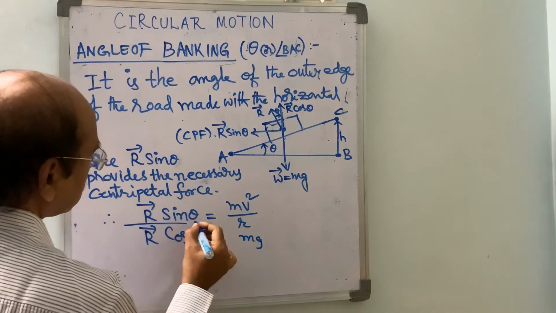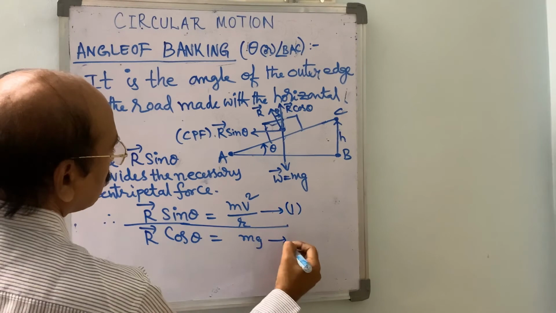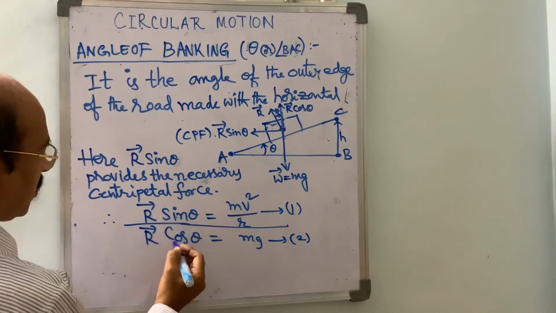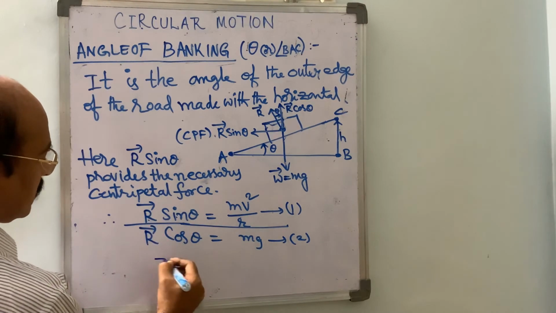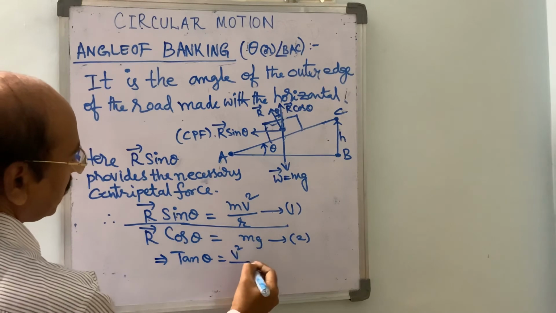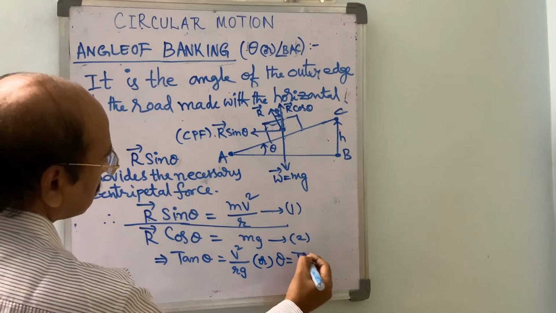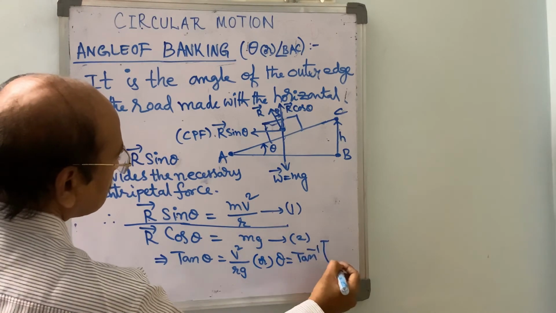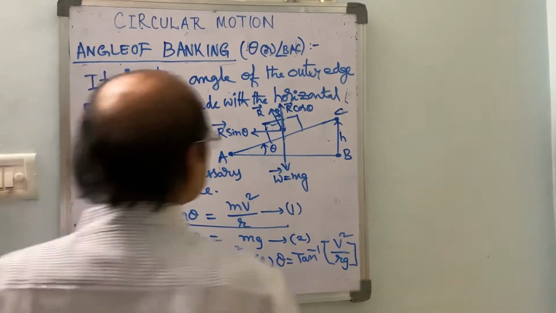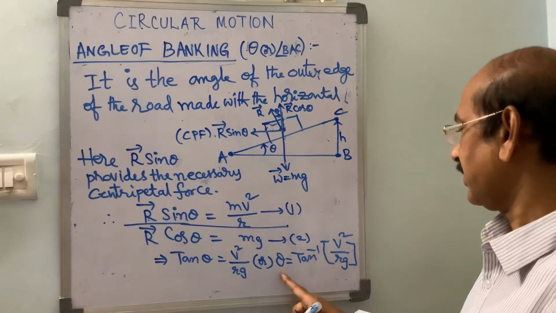Dividing these two equations, m gets cancelled, R gets cancelled, and tan theta is equal to v square by rg, or theta is equal to tan inverse v square by rg. So this is the expression for angle of banking, theta.